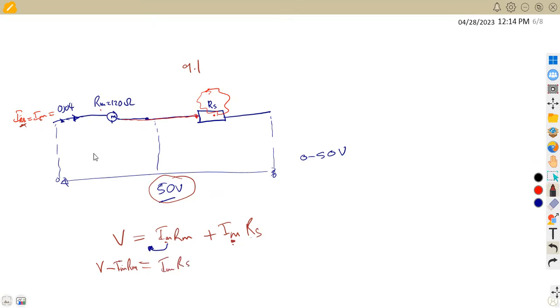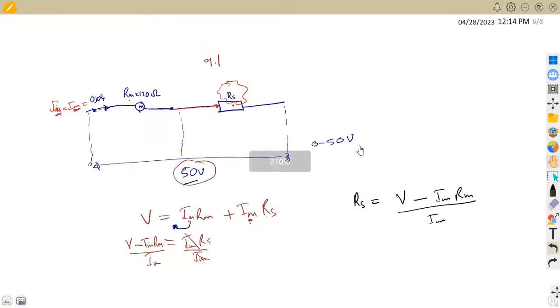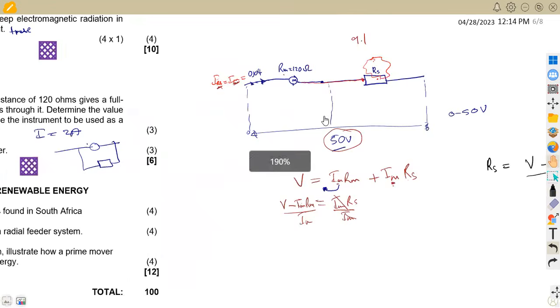Remember, IM and RS currents are equal, so I'm just using IM, so that we can divide by IM on both sides. RS is equal to V minus IM times RM, over IM. You can divide by IM each time, or you can just substitute, or the formula can be given like this.